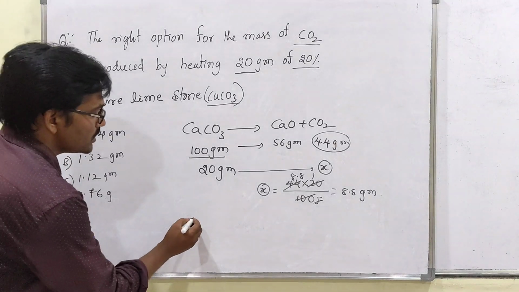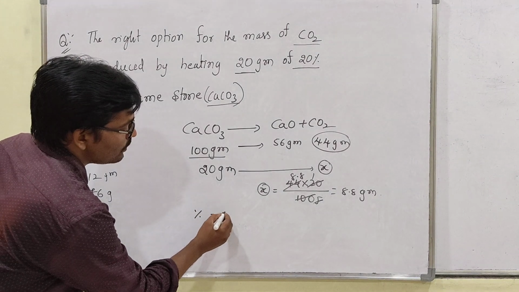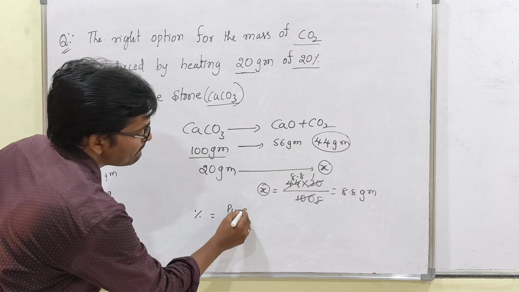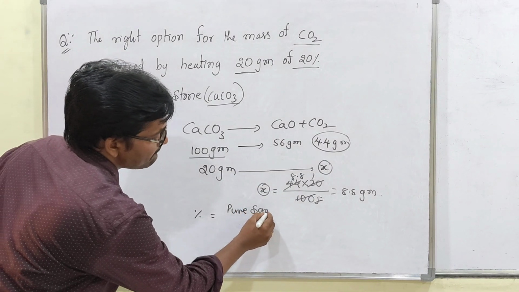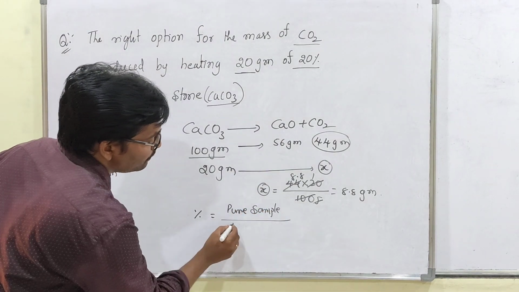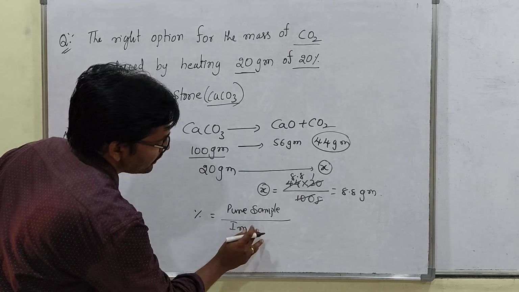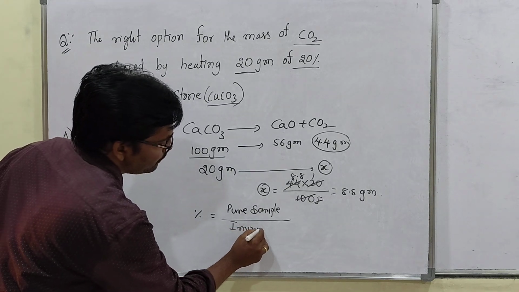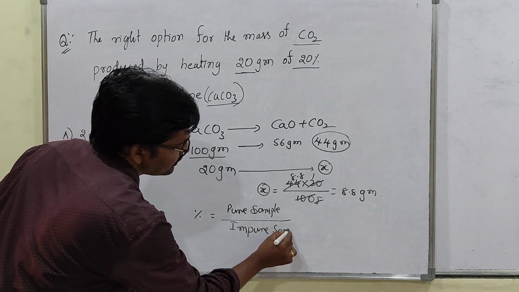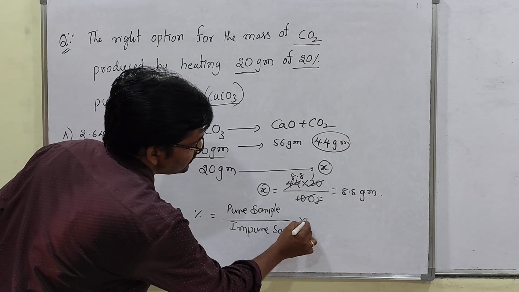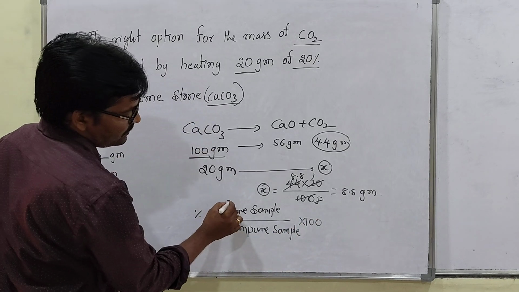So percentage equals pure sample divided by impure sample into 100, right?